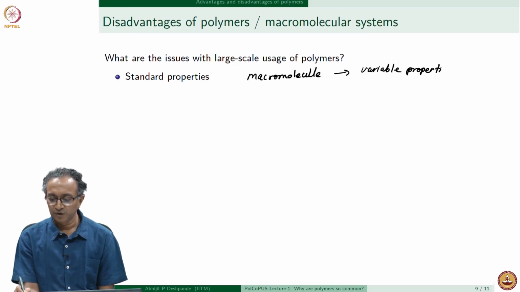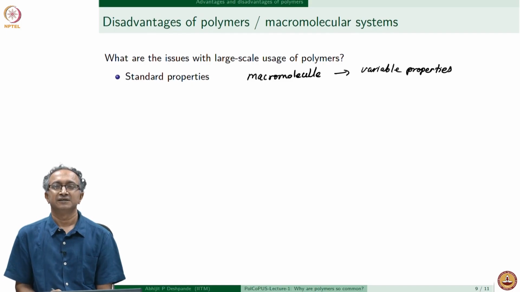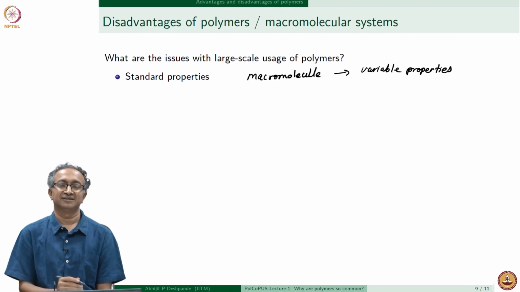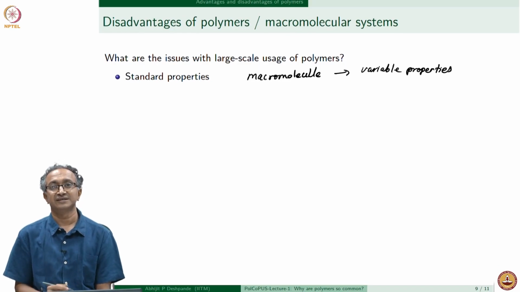So therefore, if you want to design something with a plastic material, it's a little more challenging to do that, because standardized properties are not easy. Just by saying polyethylene is not sufficient. There are so many features of polyethylenes in terms of molecular structure, molecular weight, in terms of the distribution of molecular weight. So all these features are possible to be varied, and that's why you can get polyethylene which is rigid, polyethylene which is flexible, and therefore it's difficult to get standardized properties.